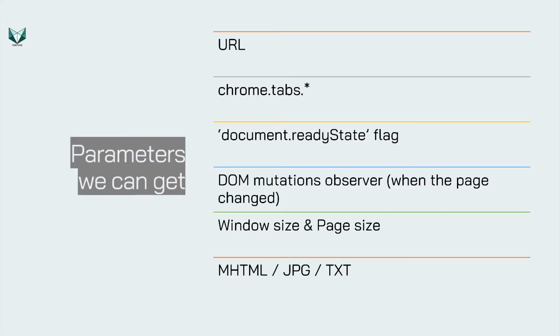We have a thing that's called the DOM mutation observer, which sounds like a horror movie, but really what it is, it tells us when the page has changed, when the DOM has changed, right? We get the window size and the page size, which you'll see later on is pretty important to us, right? And we get, like we said in the past, the HTML, JPEG, and the text, right?